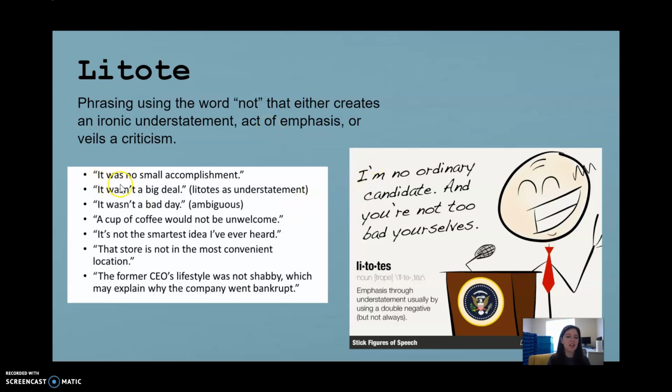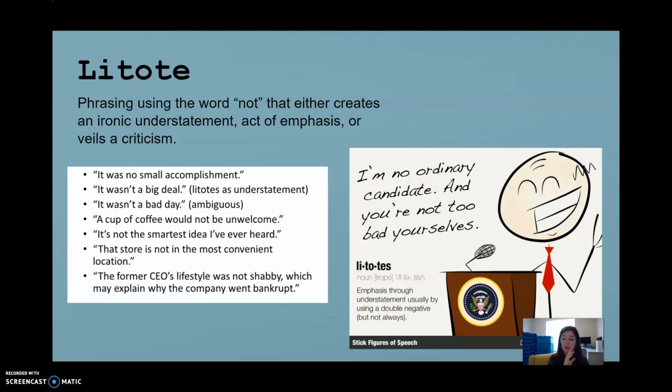So here it says, "it was no small accomplishment." So we're using no or not. And the problem here is, why don't you just say that was a big accomplishment? Like, good job, you did a great job. Instead, they say it was no small accomplishment. Why phrase it with this extra wordage?